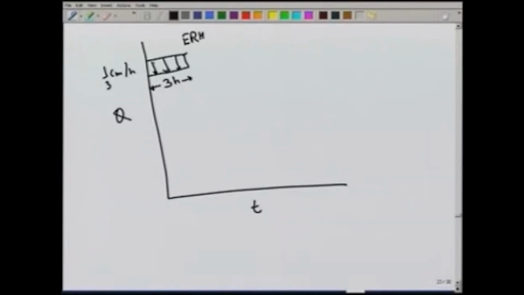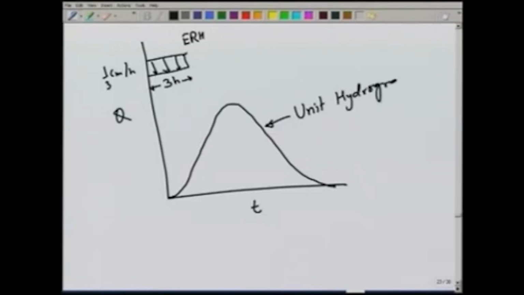Now, because of this ERH, whatever DRH we get would be called a unit hydrograph, and since duration is very important, 3 hours, we call it a 3-hour unit hydrograph.